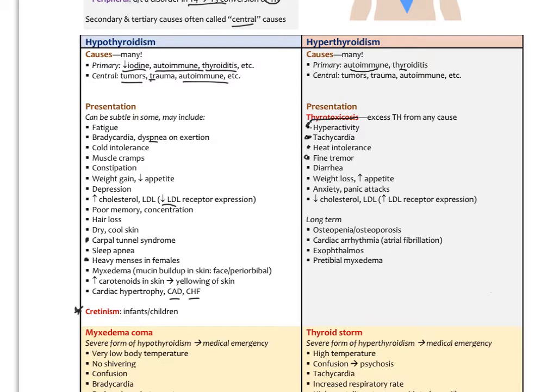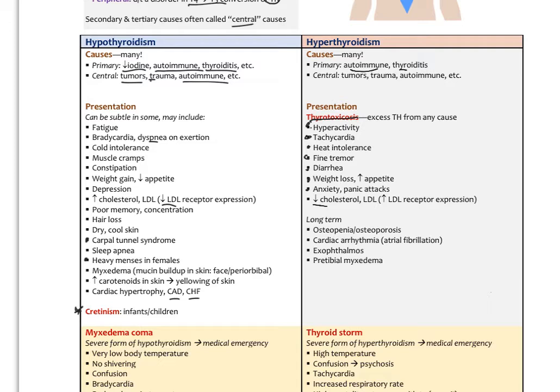That's one of the early presentations. You can accentuate that by having the patient hold their hands out, maybe even hold a piece of paper, and you can see if it is shaking. Also diarrhea, weight loss, increased appetite, anxiety, and panic attacks. And in this case, because of increased LDL receptor expression and increased bile flow, there might be decreased cholesterol.